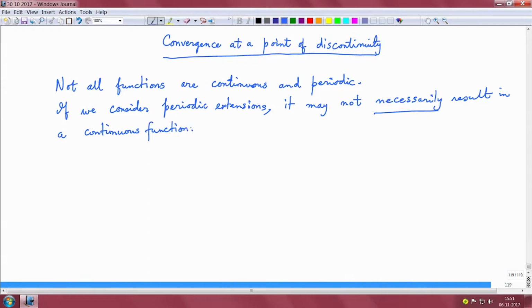There are plenty of such cases. What we did, f of x equals x, was one such case.